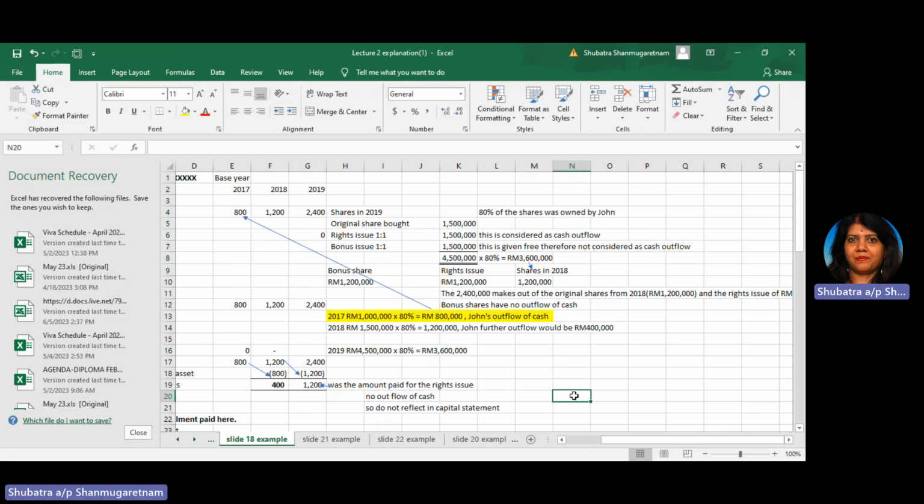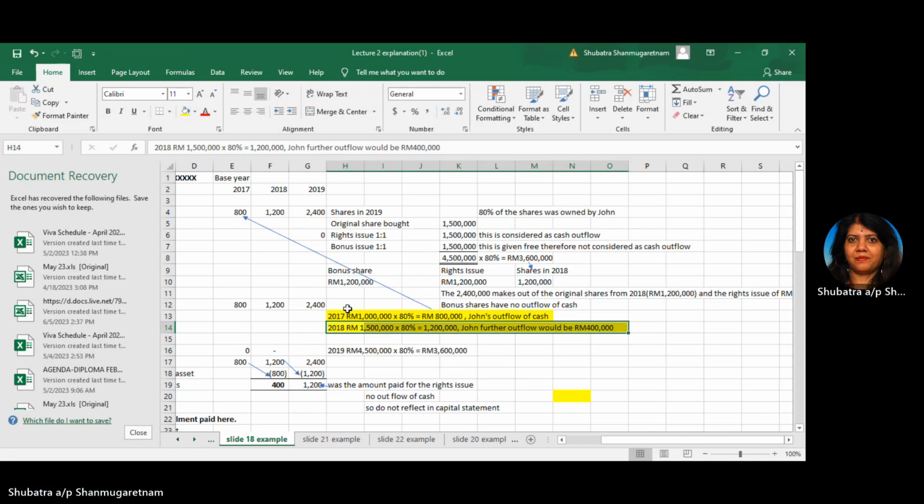All right. Now, in 2018, the share capital of MJSB increased to 1.5 million. Meaning that out of this 1.5 million, 80% belongs to Mr. John. So Mr. John has a total shareholdings of 1.2 million.